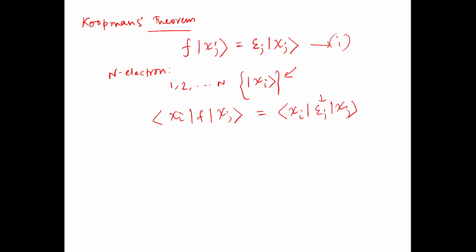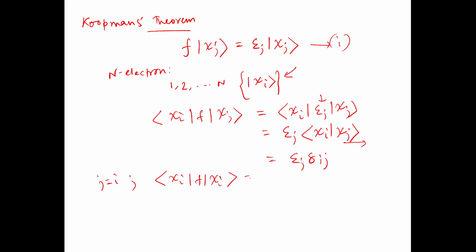Now this epsilon_j is just a number, so it will come out and you will be left with the inner product chi_i chi_j, which is nothing but the Kronecker delta. So this is only valid when i is equal to j. So if j is equal to i, chi_i F chi_i is equal to epsilon_i. So your orbital energy has this form.